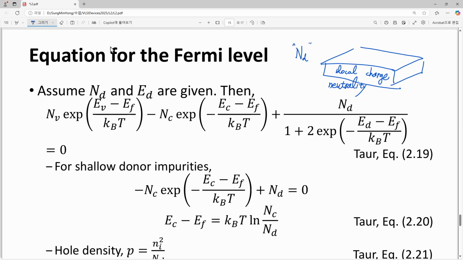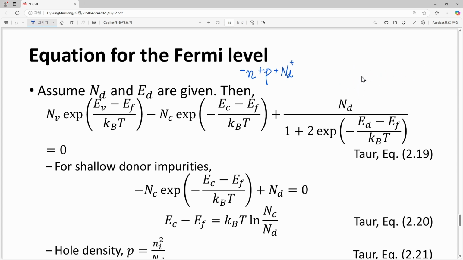It means that the electron density with a minus sign, the hole density with a plus sign, and the positively ionized donor density, the sum of these three numbers should vanish, because electrons contribute negative charge, and holes contribute positive charge.